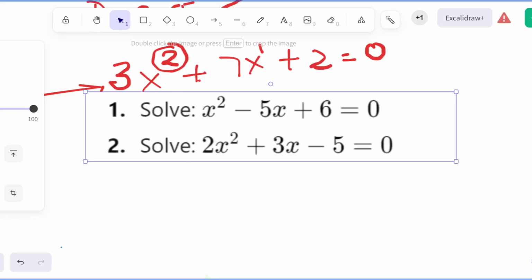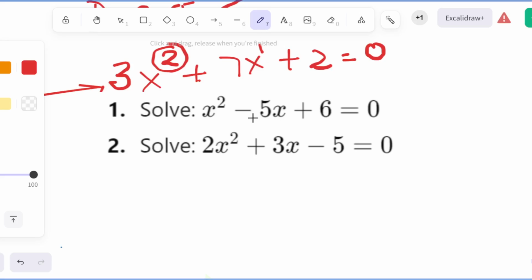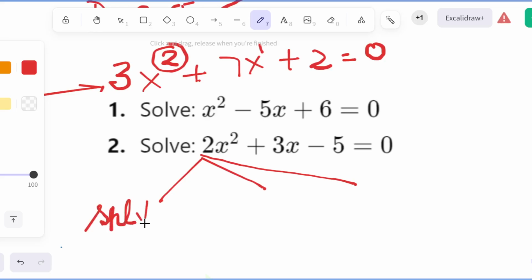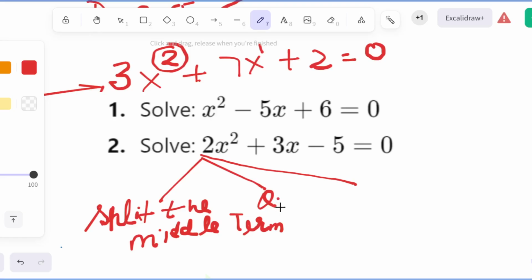So we have three methods, Olivia, of solving any quadratic equation. One is splitting the middle term. Second one is the quadratic formula, which we can use to solve it.